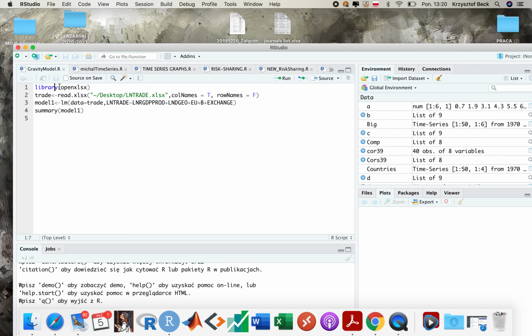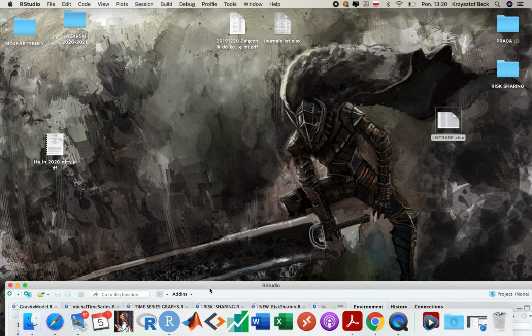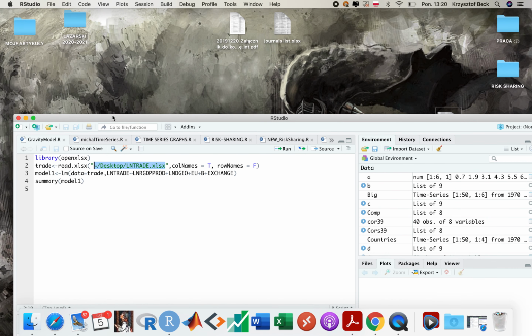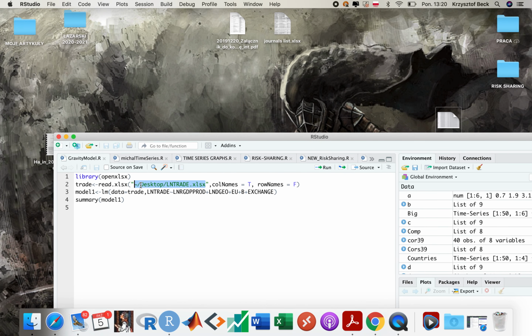And we can use again the file lnx trade. Of course, remember, you need to use a different path than I did, and remember about the differences when you use PC and Mac, we use different slashes. But okay, this is not important here.